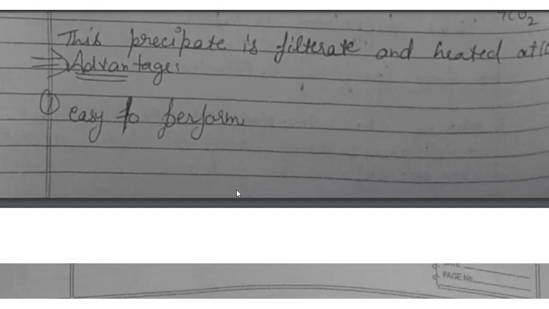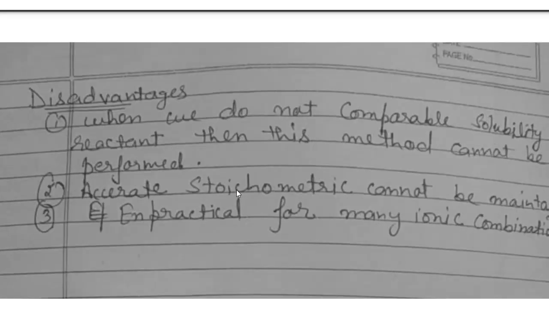An advantage is that it is easy to perform. A disadvantage is that when the reactants do not have comparable solubility, this method cannot be performed. A second disadvantage is that accurate stoichiometry cannot be maintained. And next is, in particle form, many ionic combinations.